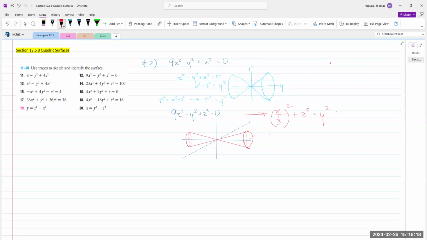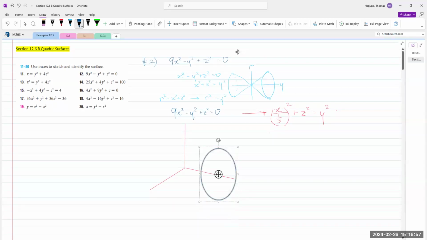Let me try to make it more accurate then. So let's say this is my z-axis, my y-axis, my x-axis. Now my graph will be shrunk by a factor of 1/3 in the x direction.